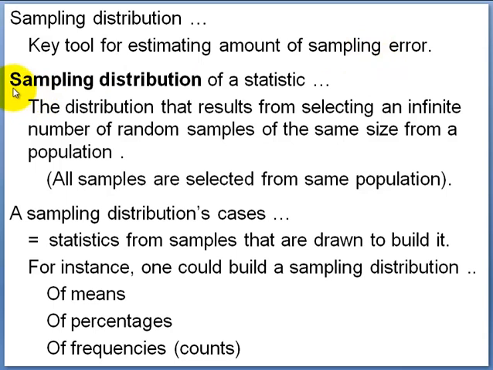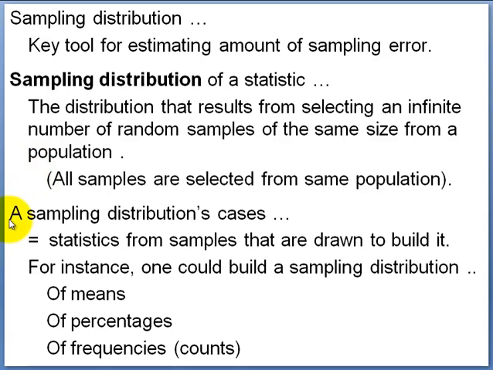So what is the sampling distribution of a statistic? It is the distribution that results from selecting an infinite number of random samples of the same size from a population, all samples being selected from the same population.